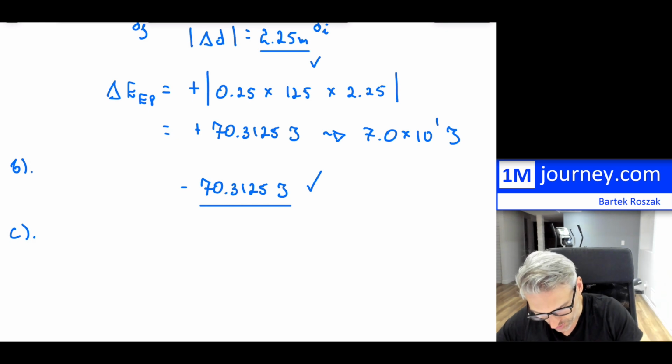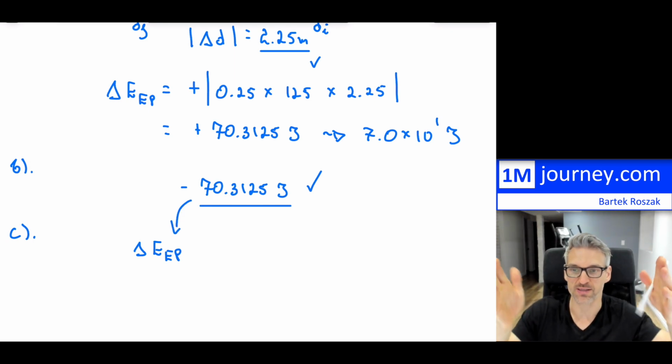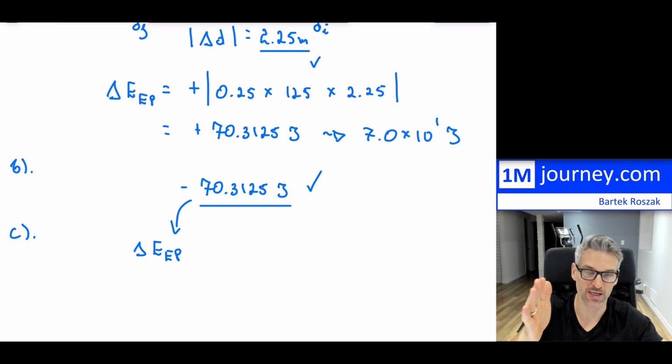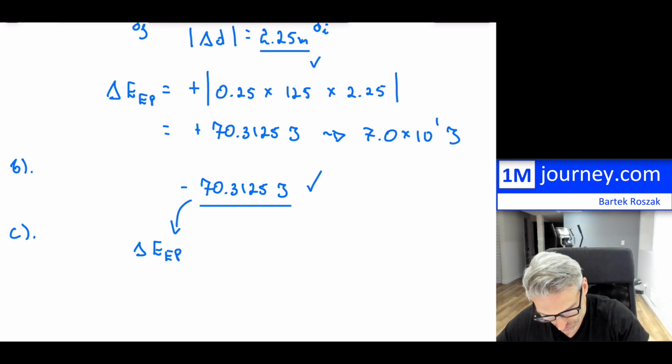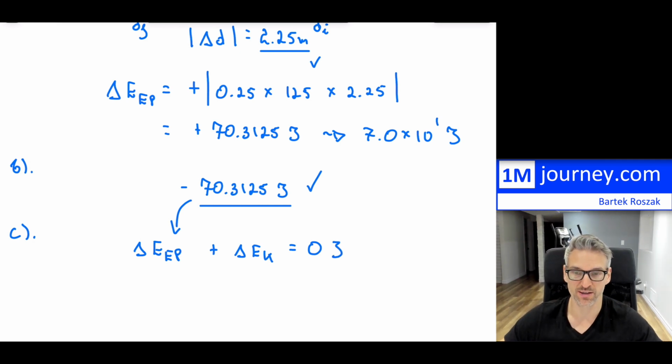Okay, so let's write it out. The change in potential energy, and I'm going to take the positive, so that means it's a loss of potential, which goes to kinetic. In other words, you can think of it like this, the change in kinetic energy has to be equal to 0 joules. This is by the law of conservation, so that the changes are identical.